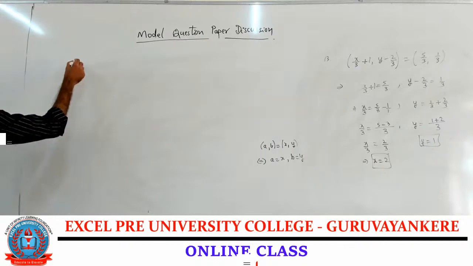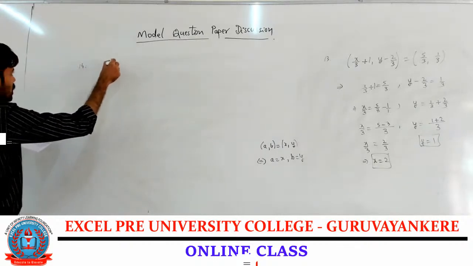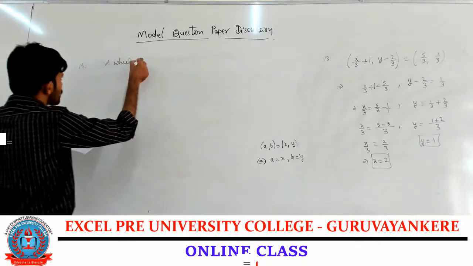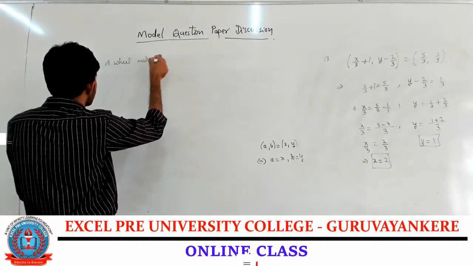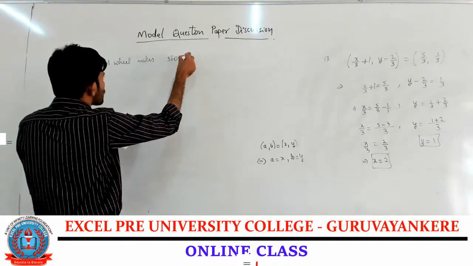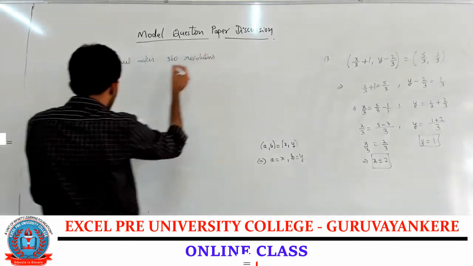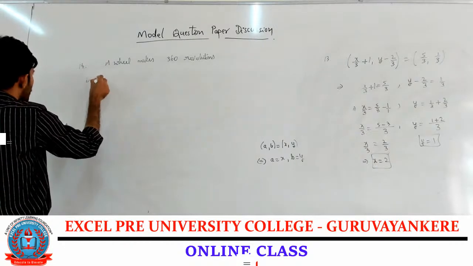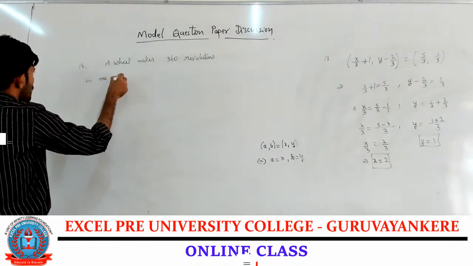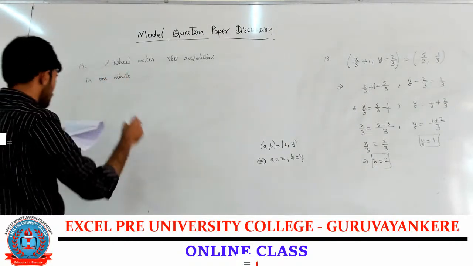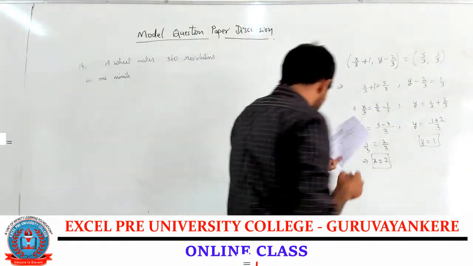For the question, a wheel makes 360 revolutions in 1 minute.